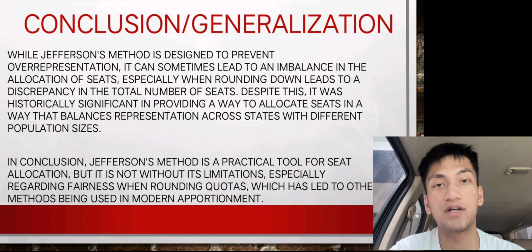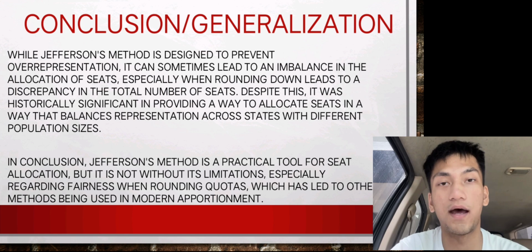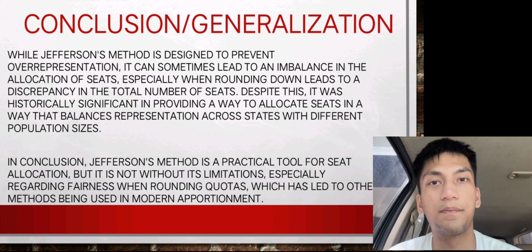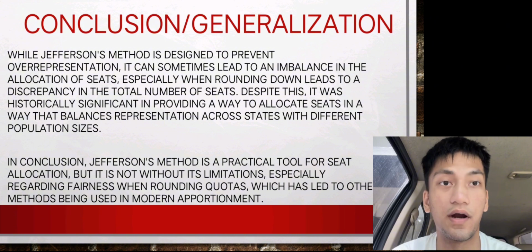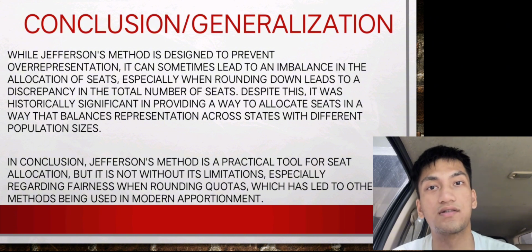While Jefferson's method is used to prevent overrepresentation, it does have a downside, which is that there could be an imbalance in the allocation of seats. This imbalance happens especially when we're rounding down, and it leads to a discrepancy in the total number of seats.